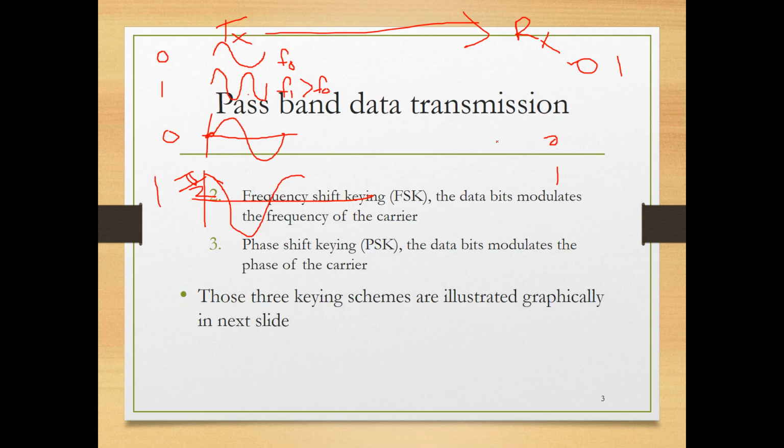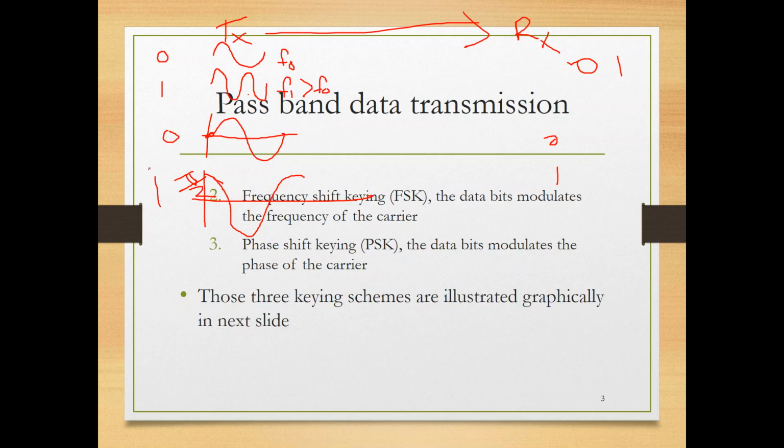You can tell me, okay, what if I can change two properties simultaneously? The amplitude and phase, for example, together. In this case, I will be able to send more information. Here I'm sending only 1 bit at each time. But if I change more than 1 property at a time, I can send more data bits.